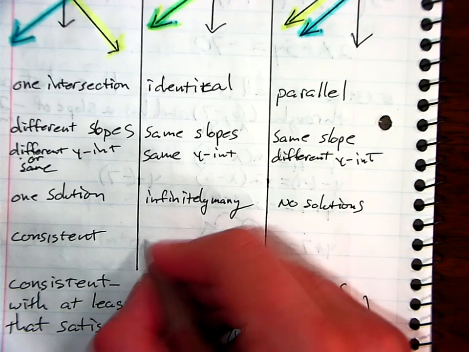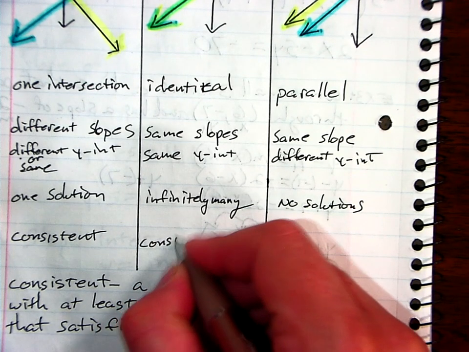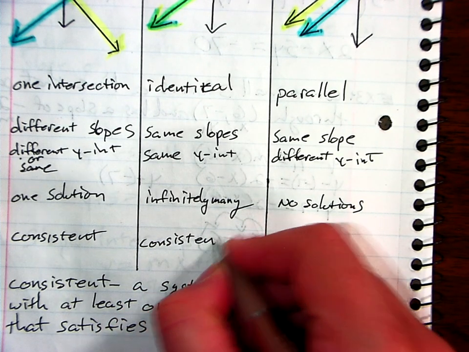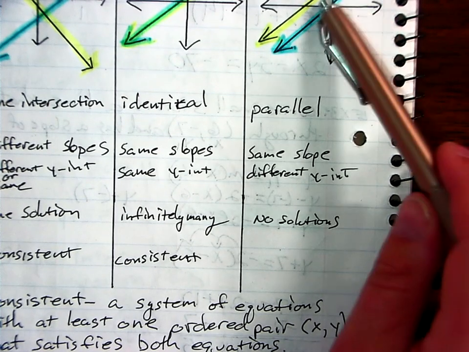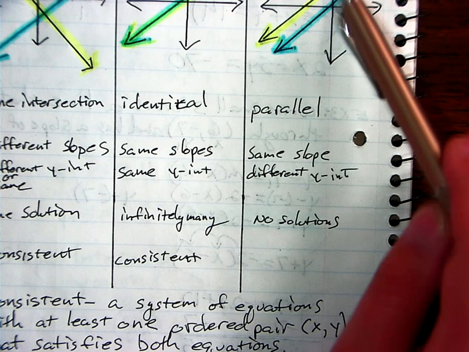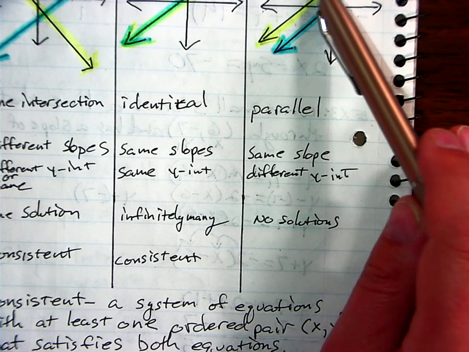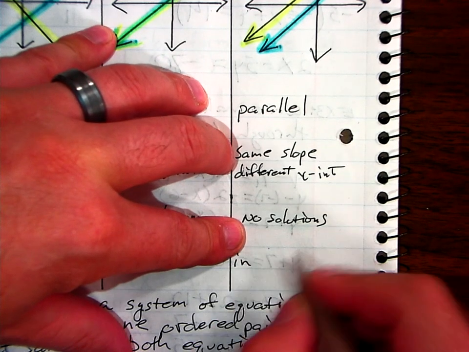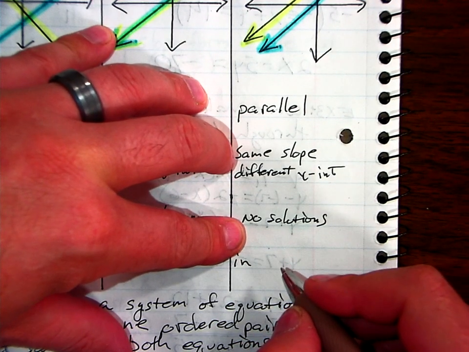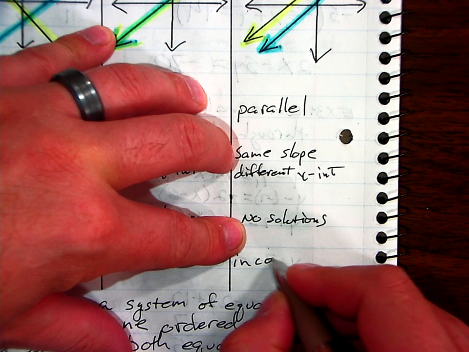Yes, so this one's consistent. And on this one here, Annalise, is there at least one point that is shared on the 2 parallel lines? No, there's not. Good job. So this one is inconsistent. Remember, parallel means they don't cross. So inconsistent.